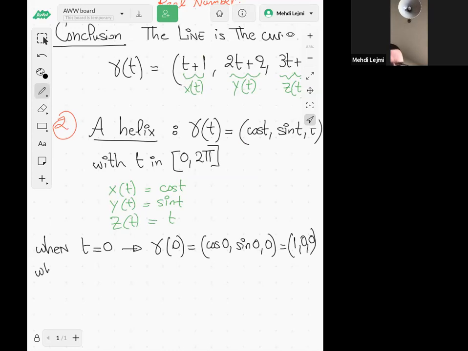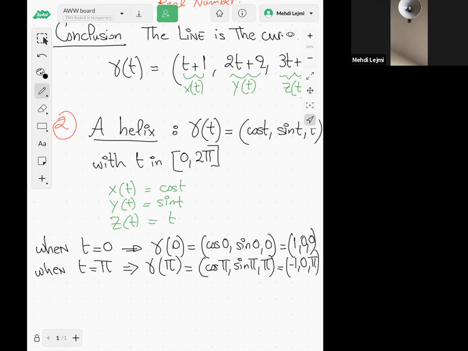Let's pick another value of t, for example, pi. When the time t is equal to pi, the corresponding point would be gamma of pi, that would be cosine of pi, sine of pi, and pi. Cosine of pi is -1, sine of pi is 0, and pi.